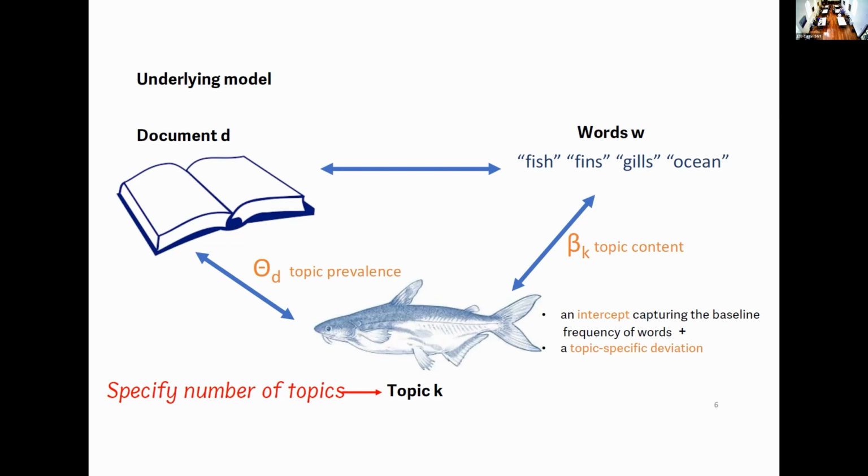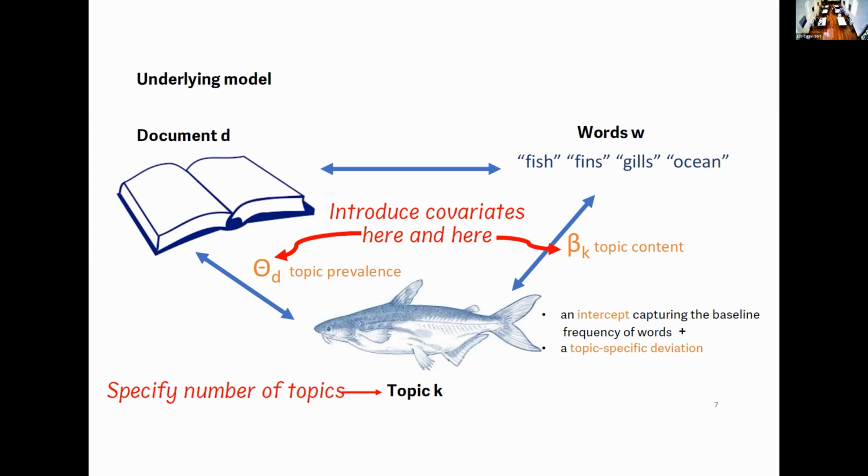So we can insert covariates into both of those distributions. So for this work here, we're going to put year of publication in as a covariate on topic prevalence. So there's some subjects that become more or less common over time.